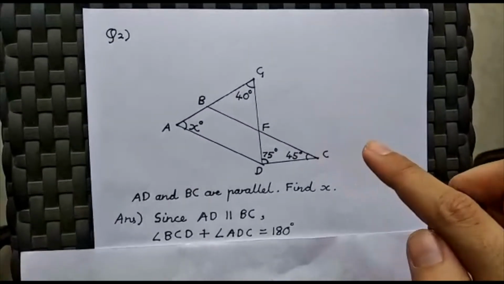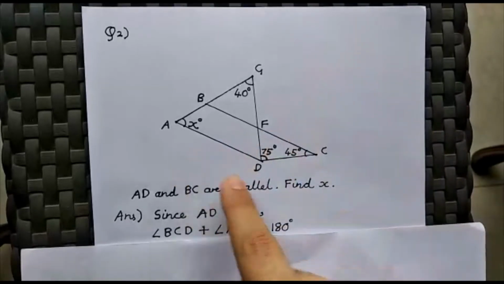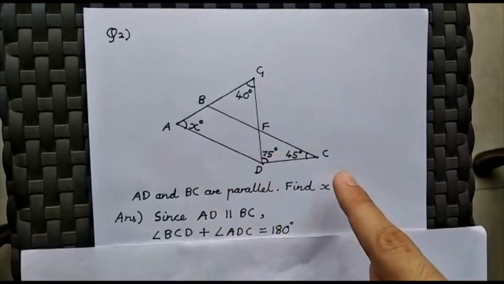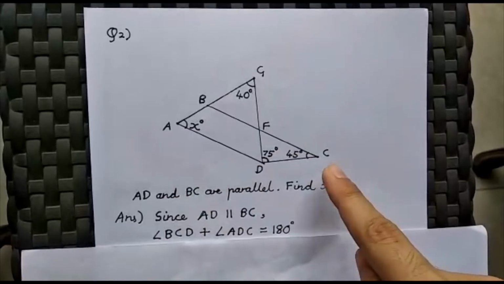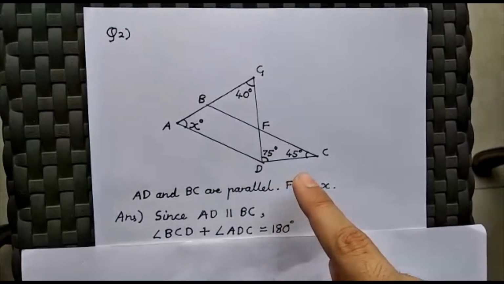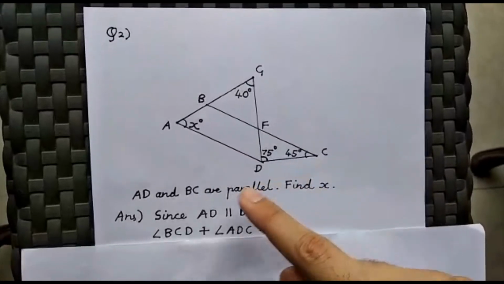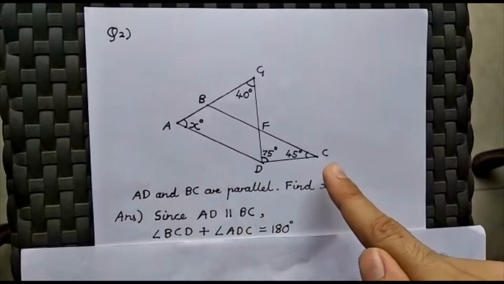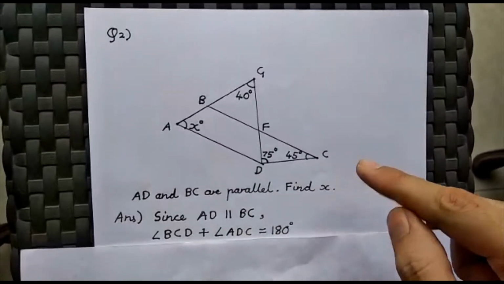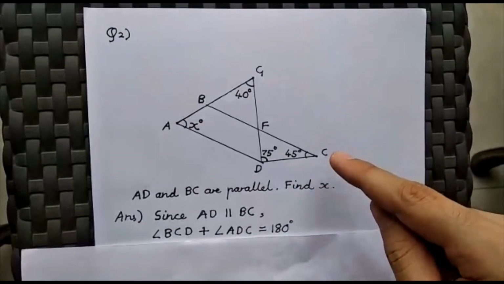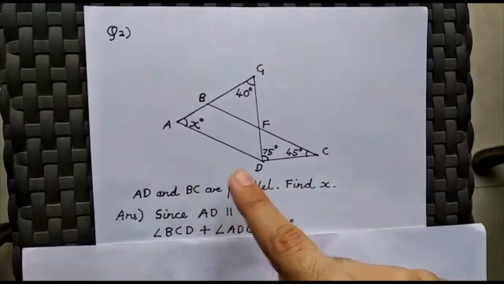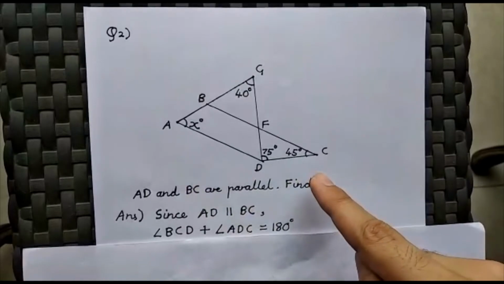Now, we know that line AD is parallel to line BC. If we consider CD to be a transversal, then we get angle BCD to be an acute angle and ADC to be an obtuse angle. Therefore, by a theorem we've learned before, we know that angle BCD plus angle ADC will be 180 degrees.